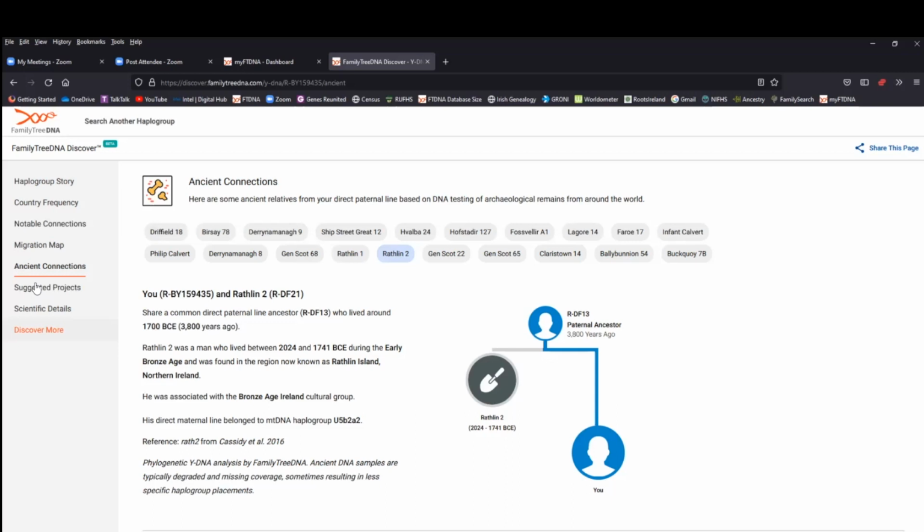So they would maybe produce a report, and then the actual raw data is shared, and then it's hosted on the site, and some of them are available to companies to then download and process. So what FTDNA has done is they've actively gone looking for ones that they can get that are public access.